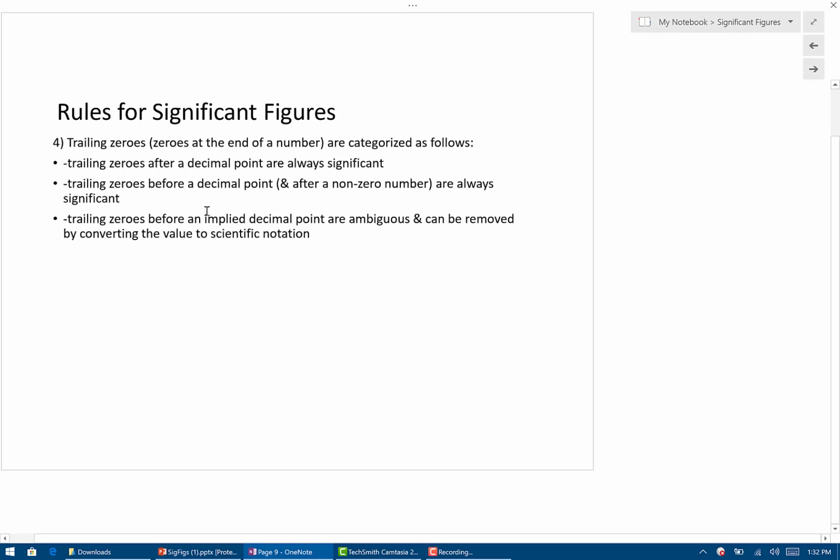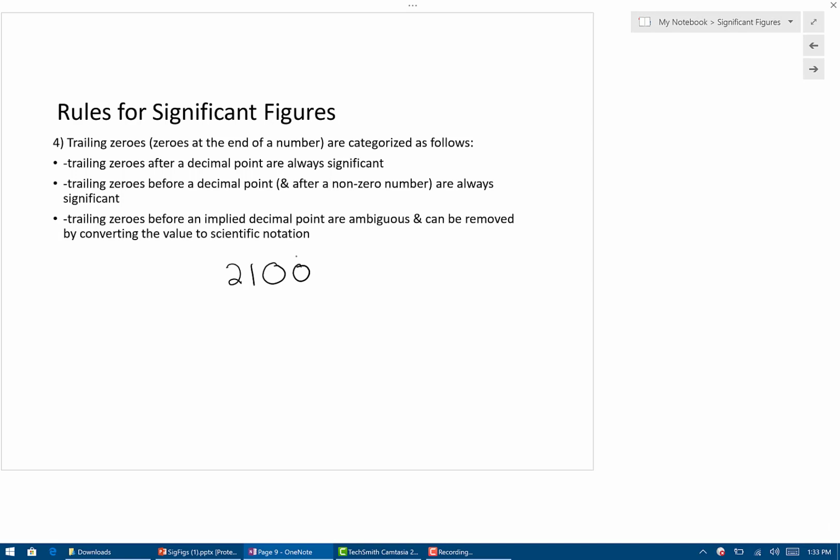Trailing zeros before an implied decimal point are ambiguous and can be clarified by converting the value to scientific notation. And this is really going to be helpful. So if we take that same number we saw, but we don't put a decimal point, something like that, just 2100, well, now we don't really know. It's ambiguous.